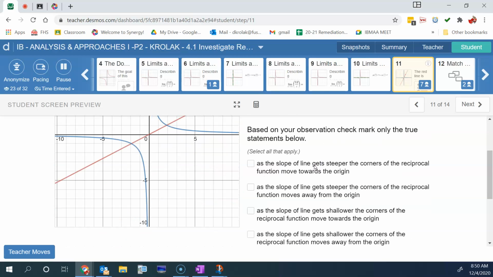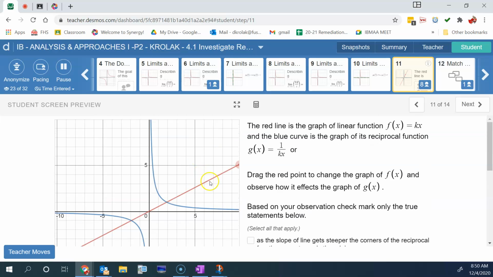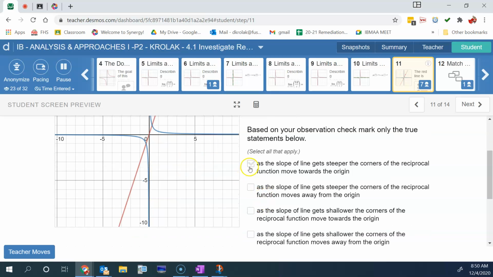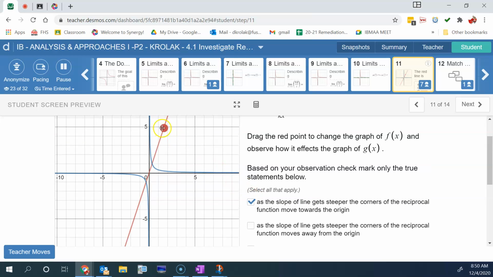All right, so then you're asked to check all that applies here. Anything that's true: as the slope of the line gets steeper, the corners of the reciprocal function move towards the origin. True. If I make this steeper, I'm squeezing that towards the origin. As the slope of the line gets steeper, the corners move away from the origin.